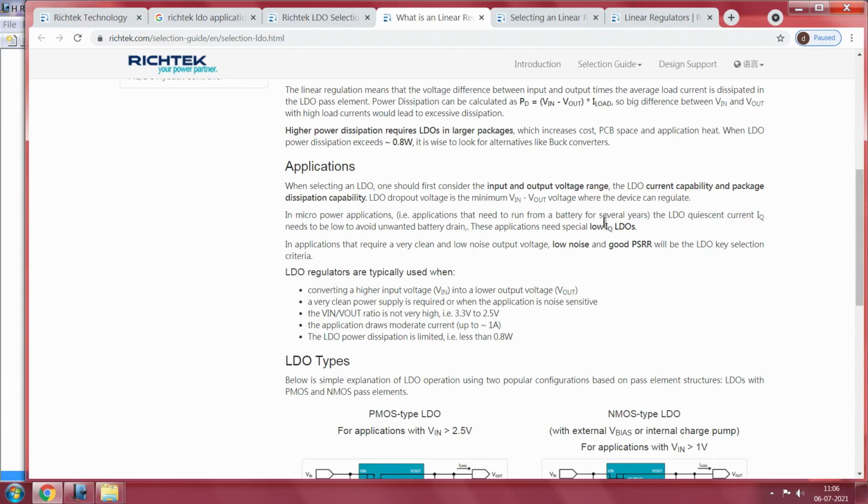This should be very small if you are doing battery driven applications for your IoT device. Quiescent current of the LDO, the current consumed by the LDO. See, this has different impacts. You may say that, sir, if I am not using the output of the LDO, can I keep the LDO disabled? Answer is yes, you can keep it disabled.